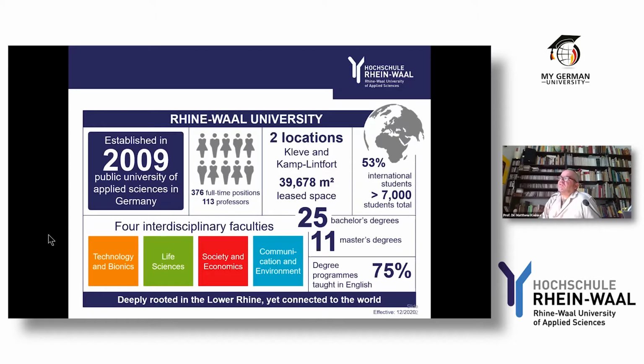But what is very interesting for a German university is that more than half of our students are international students, from all over the world, and I will show you later on where they are coming from. Our university has 4 faculties, which are quite interdisciplinary, and I'm coming from the life sciences faculty, and this is where I want to show you the bachelor programs in the agricultural fields we have.